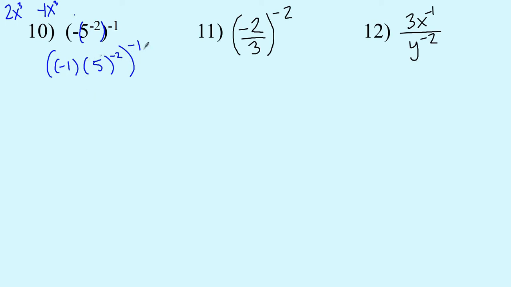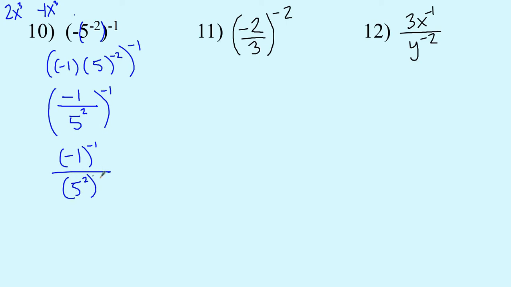I like to simplify what's inside the parentheses first. I don't like the negative exponent, so I'm going to leave negative 1 on top, but move my 5 to the denominator to get rid of the negative, so make that 5 squared. Then I have everything being raised to the negative 1. So essentially I have negative 1 to the negative 1 over 5 squared to the negative 1.